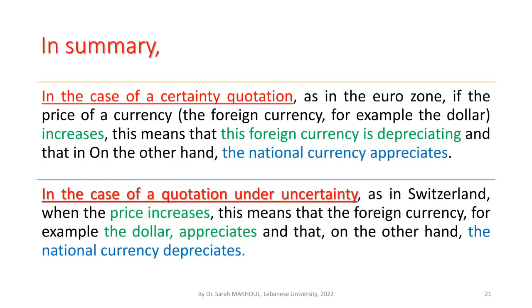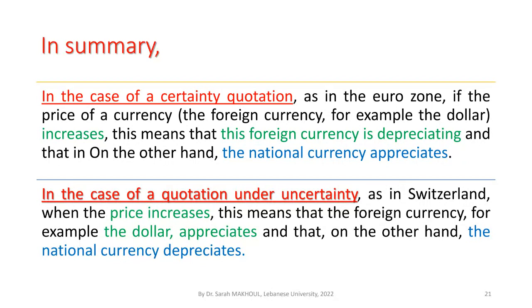So in summary, how to generalize in quotation. In the case of certain quotation, as in the Eurozone, if the price of a foreign currency, for example the dollar, increases, this means that this foreign currency is depreciating, and on the other hand, the national currency is appreciating.